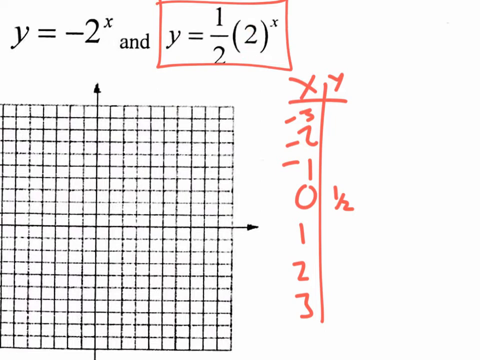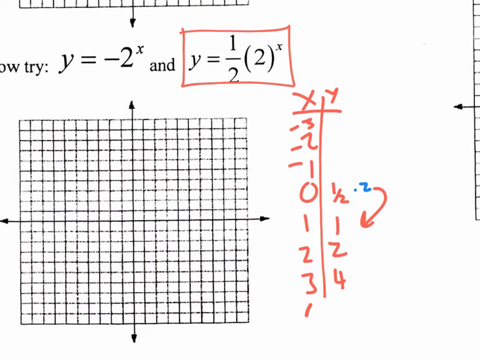If I did, in my head, 1/2 times 2, that's going to give me a 1, and that'll get me here to the next one, right? That's how I got to the 1. If I multiply by 2, it's going to be 2. If I multiply by 2, it's going to give me 4. And I could even keep going here. If I multiply the 4 by 2, it's going to give me 8. So those are all coordinates that I simply came up with by understanding that the base tells me the pattern of the outputs, multiplying by 2 as I go this way.